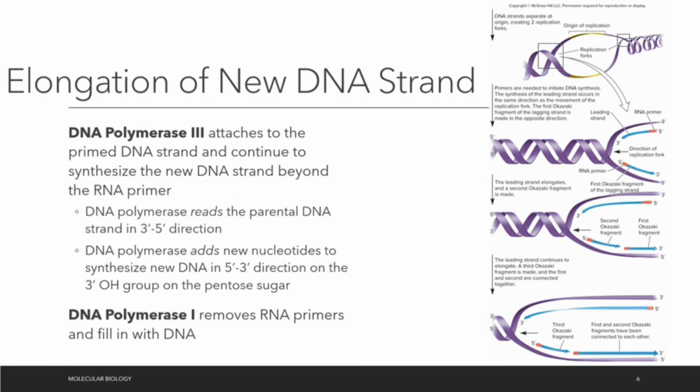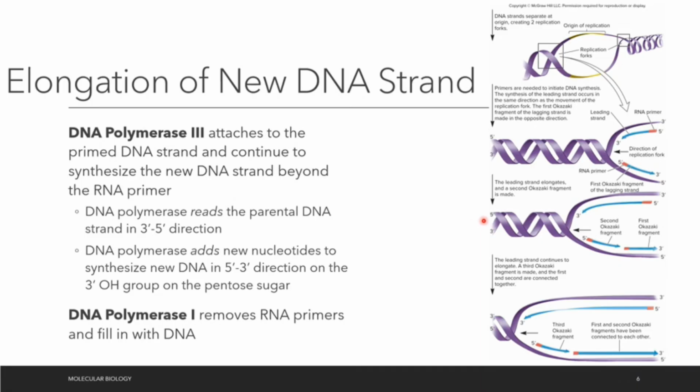The key players in the elongation process are DNA polymerase 3 and 1. But of course, we still have our old friends, DNA helicase, as well as the single-stranded binding proteins, which are still present in the entire replication fork while the DNA strands are being opened up.